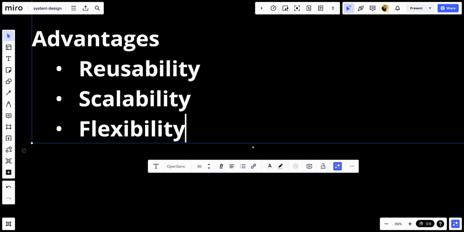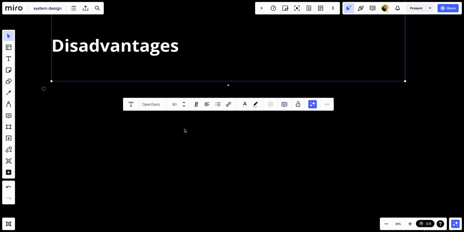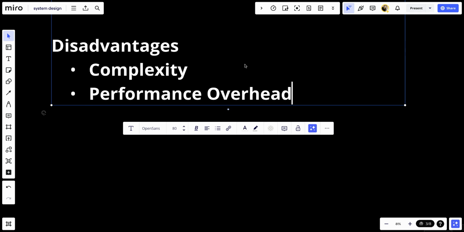Let's talk about the disadvantages. First, we have complexity. Managing interactions between services can be quite complex. Second, we have performance overhead.